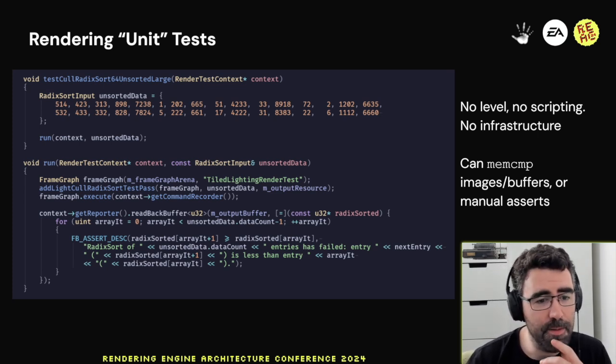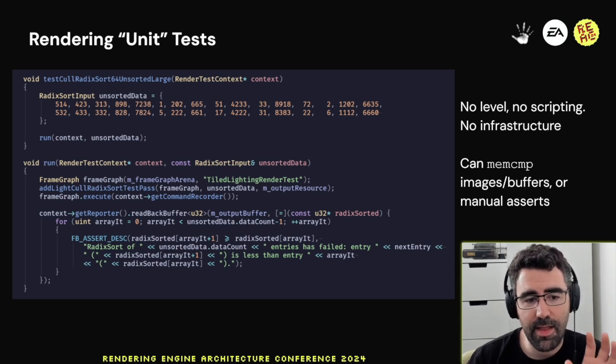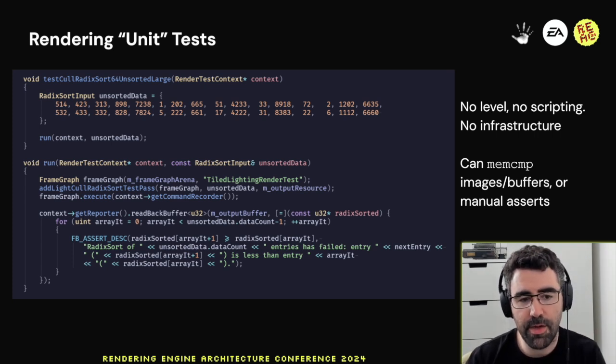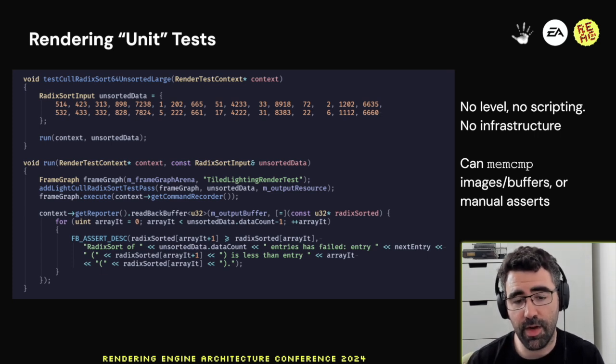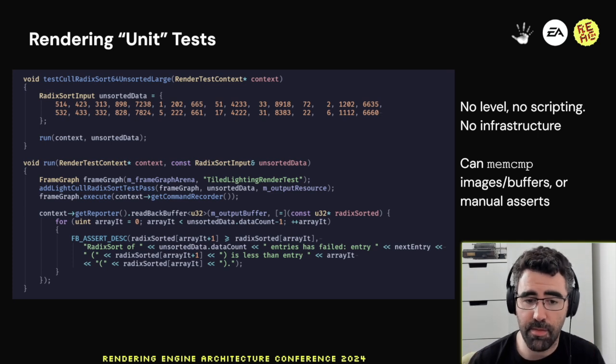But the idea is that you execute C++ code that then communicates with the GPU, and you check that the whole thing works as expected. And then you can do asserts, just like you would in unit tests, or you can have a predefined result that you are expecting, like buffer data or even an image, and you can check that the output is the exact image that you expected.